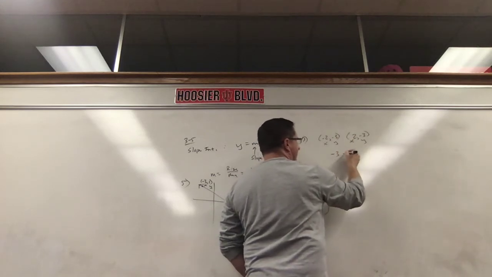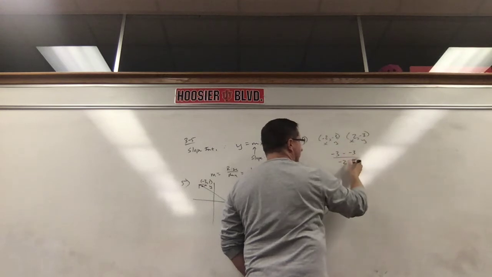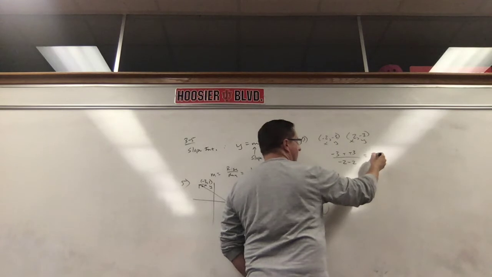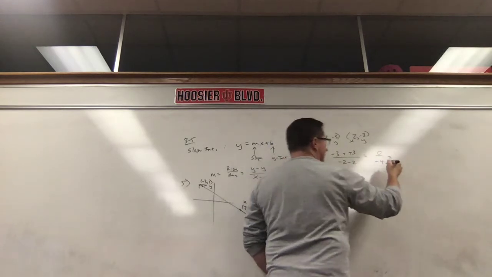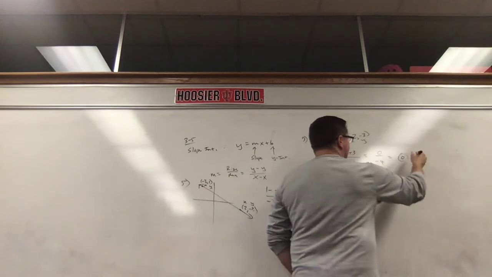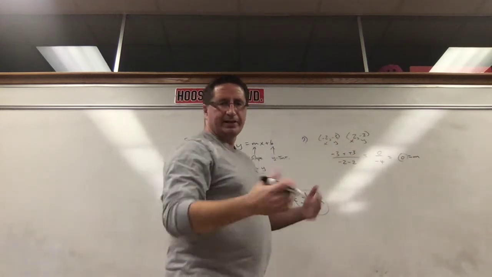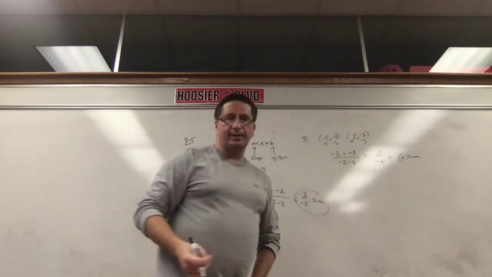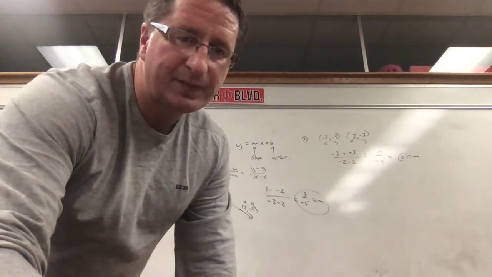So -3 minus -3 over -2 minus 2. Minus a minus is a plus, so -3 plus 3 is 0. -2 minus 2 is -4, and 0 over -4 is 0. That's our slope, which is m. So the slope is 0, it's not positive or negative, so m is 0. You have to just click on that twice.